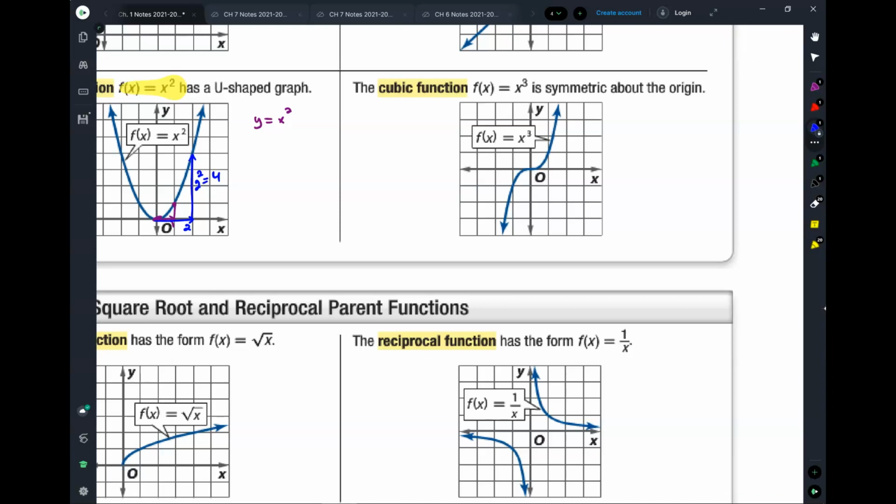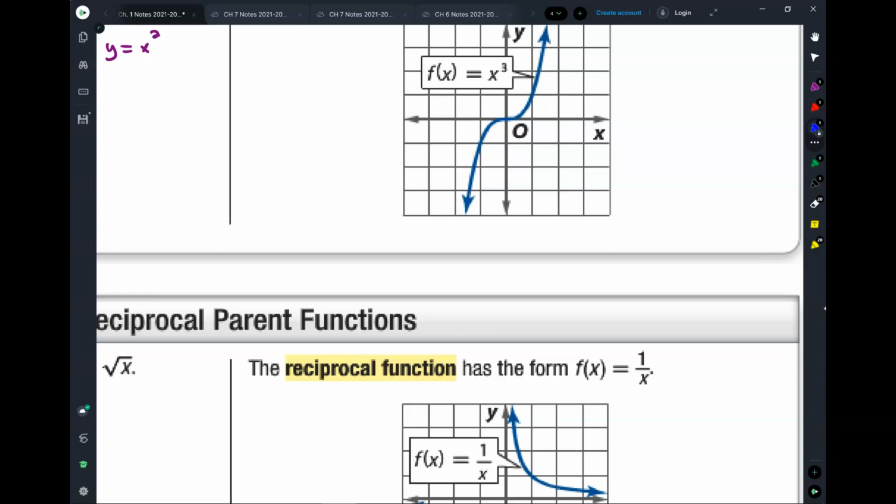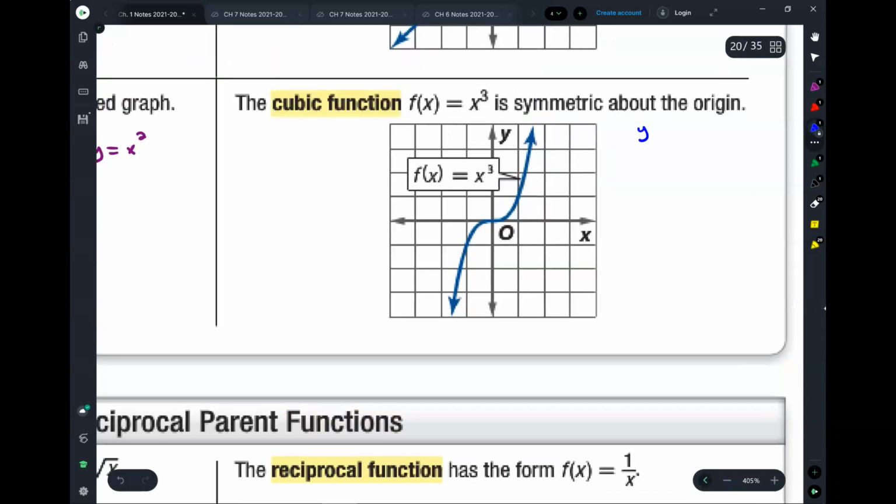Y equals x cubed has a similar situation. And we're going to do this again and again today. The center is here. If I go over 1, I go up 1 cubed, which is 1.